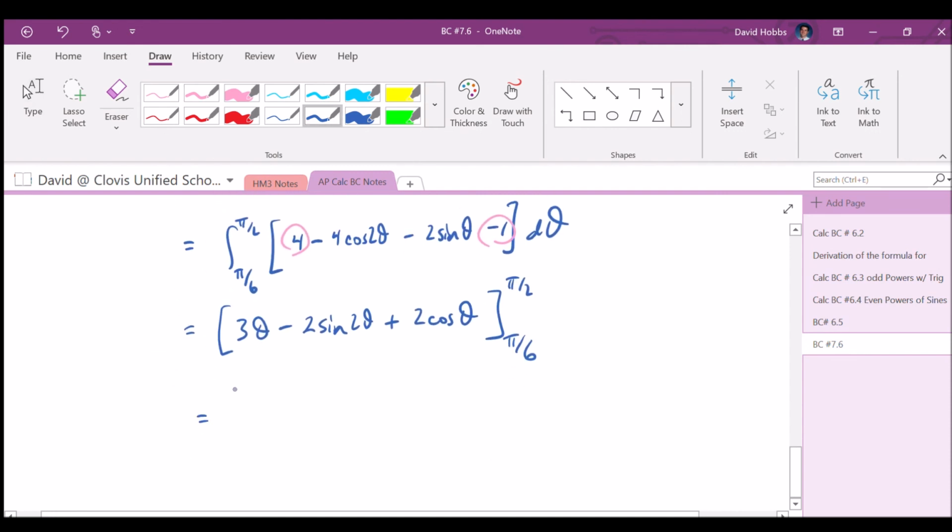Which, okay, so I get 3 pi over 2. 2 times pi over 2 is pi. Sine of pi is 0. Cosine pi over 2 is 0. 3 times pi over 6 is pi over 2. 2 times pi over 6 is root 3 over 2 times that 2 is minus root 3. And cosine pi over 6 is root 3 over 2 times 2 is plus root 3.